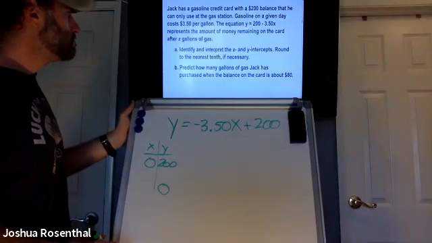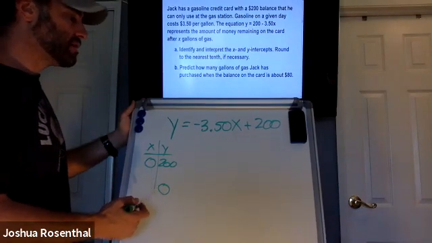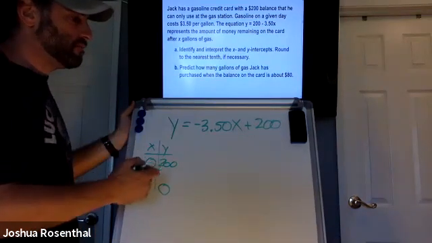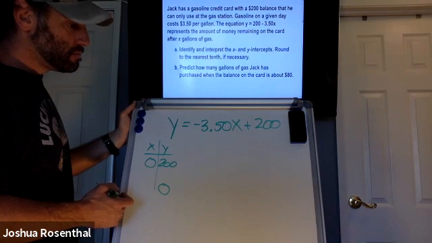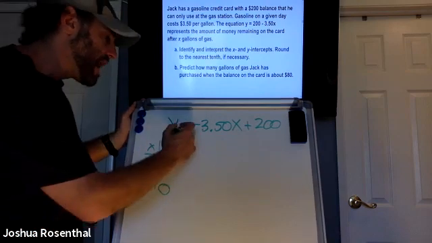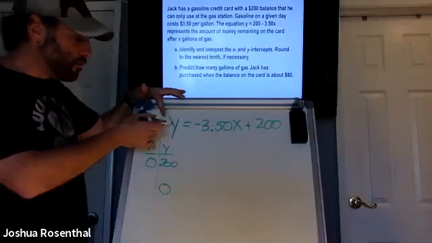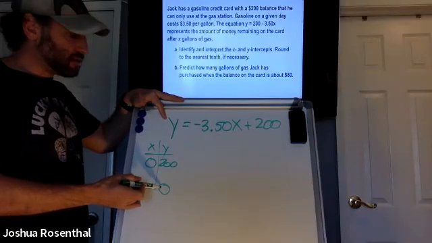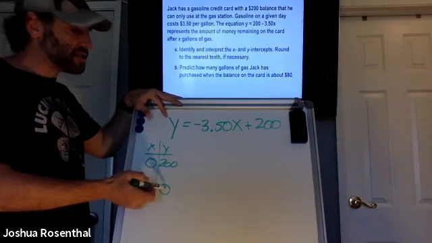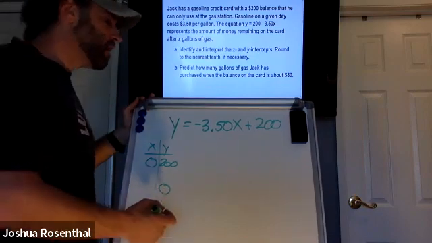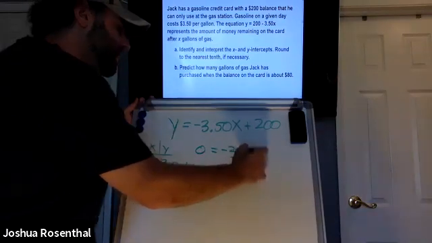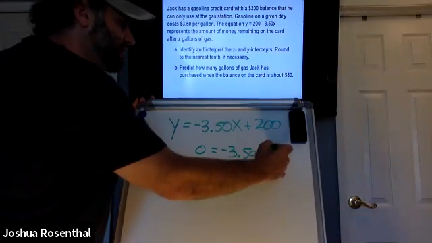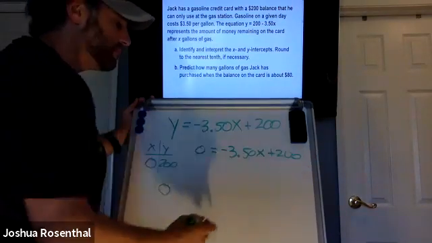The X-intercept is when Y is 0, when you've run out of all your money, right? So you run out of all your money on your credit card. So basically you're finding out how many gallons of gas it will take to do that.